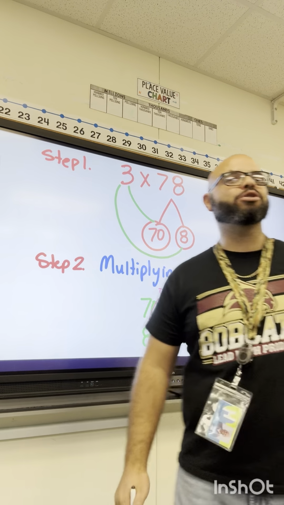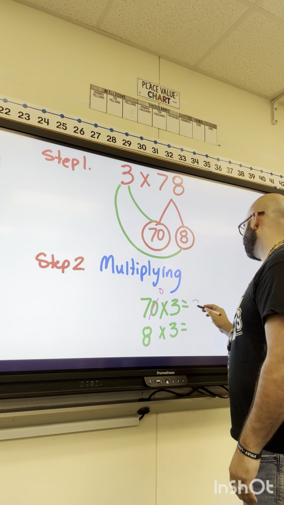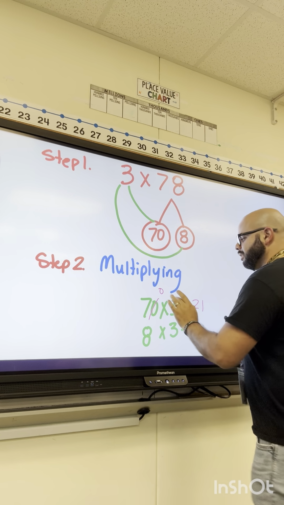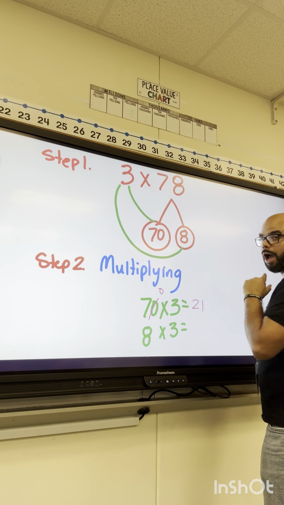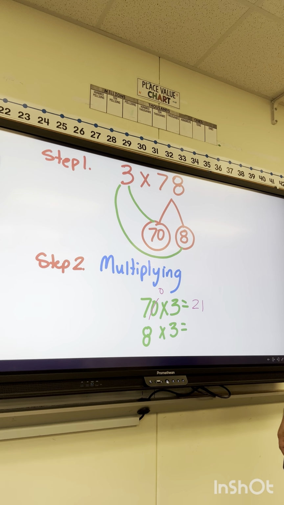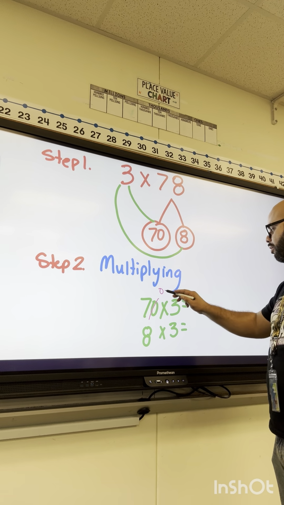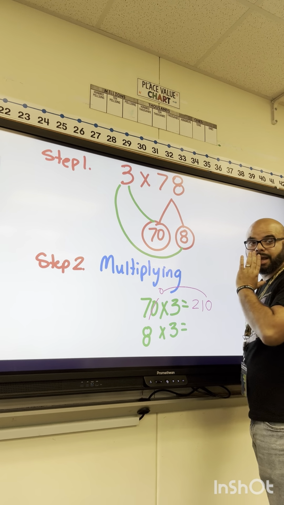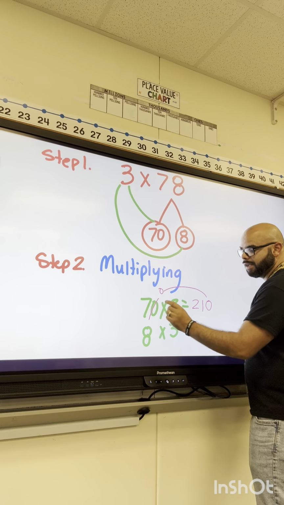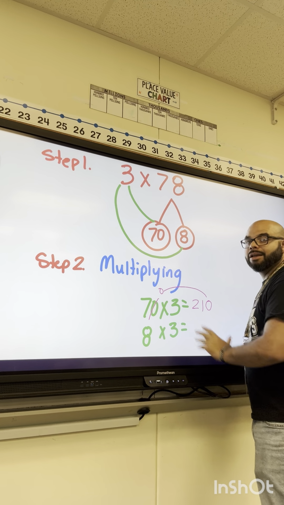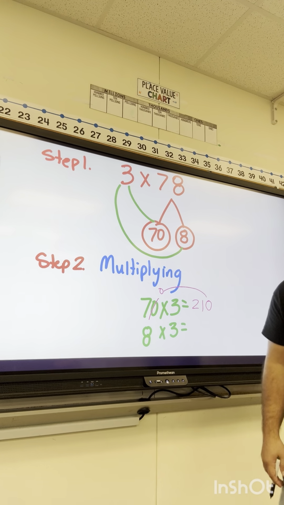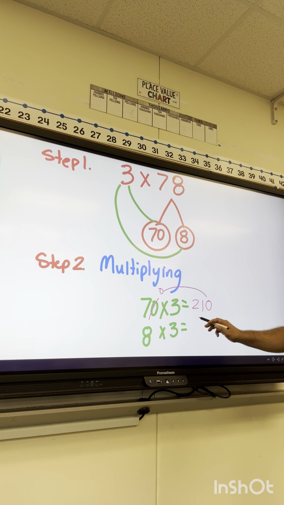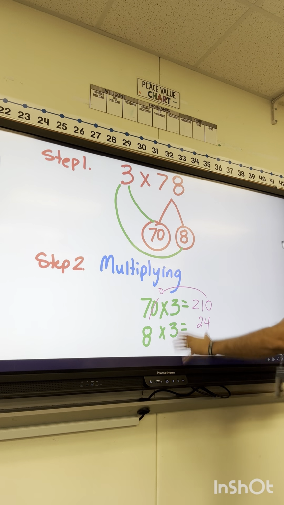What's 7 times 3? 7 times 3 is 21. And then what happens to that 0? You add it to the 21, which makes the answer 210. So 70 times 3 is 210. Now, who could tell me what 8 times 3 is? Annalicia? 24. So now, this is your second step.